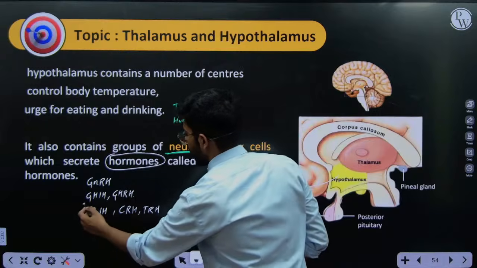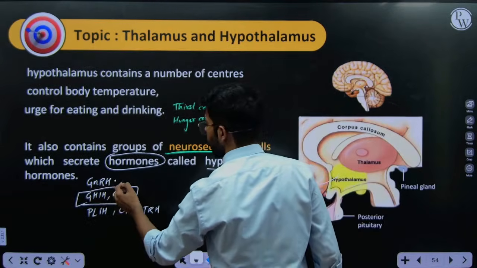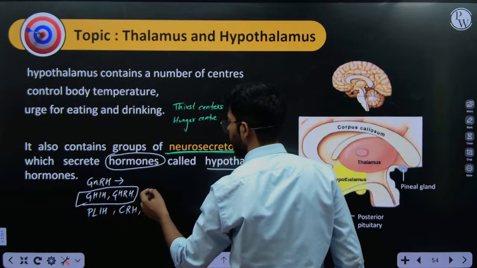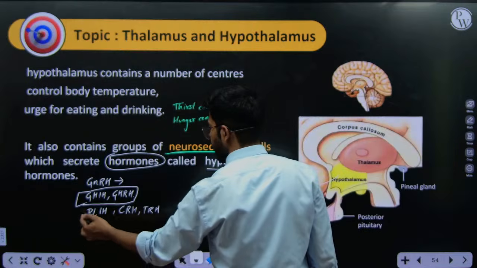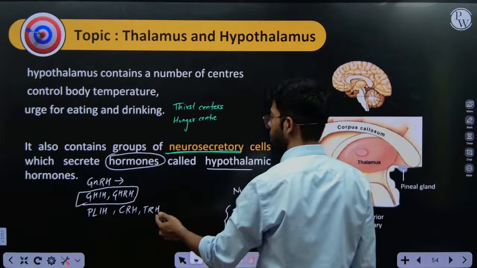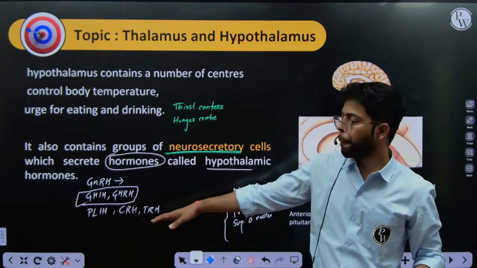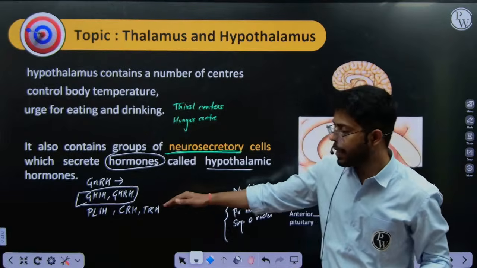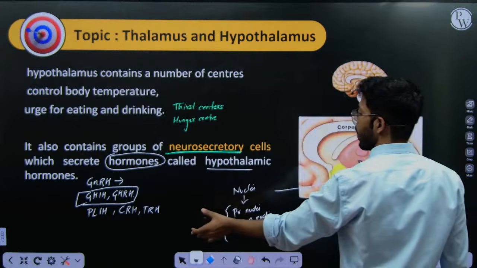These affect growth, and act on the gonadotrope cells of the pituitary gland. Prolactin inhibitory hormone concerns milk production. The CRH is responsible for ACTH release, and TRH is responsible for TSH release. So these we'll study in the endocrine system.